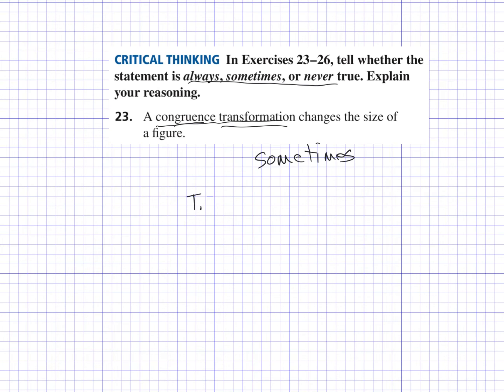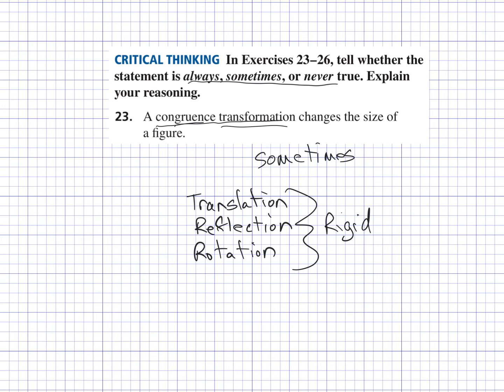Because you have, let's just write it out here, translation, reflection, and then rotation. Okay, so those are all what we call rigid. They don't change the size. And then we did dilation.